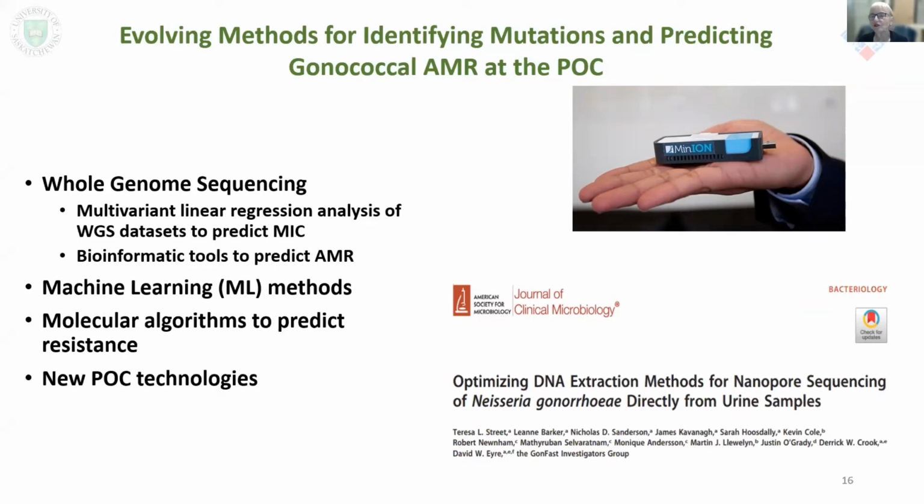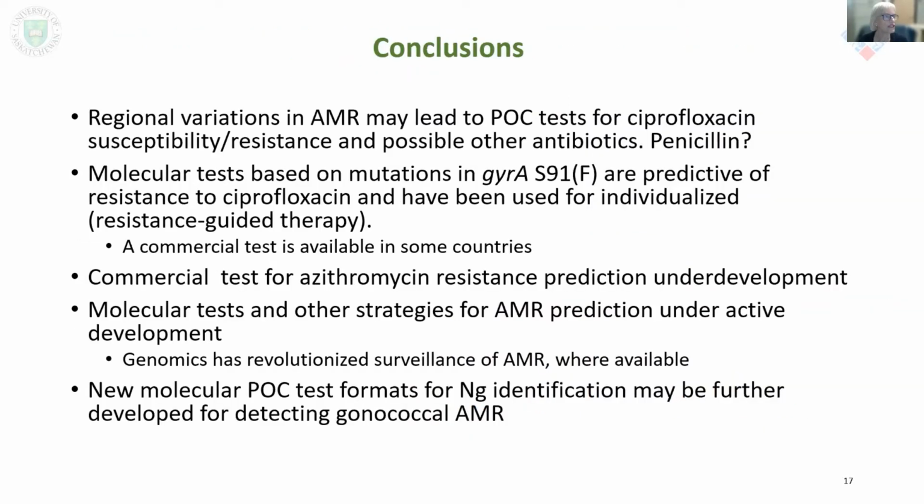And finally, there are new point-of-care test methodologies that are very promising and might be applied in the future to AMR detection as well, and which fulfill all the criteria of the WHO for rapid point-of-care testing. So in conclusion, regional variations in AMR may lead to POC tests for ciprofloxacin susceptibility and resistance.